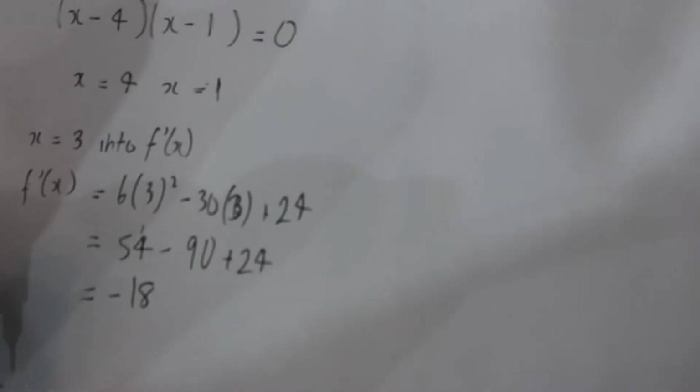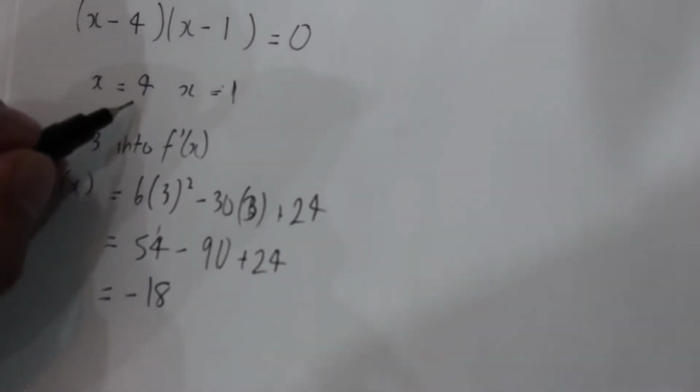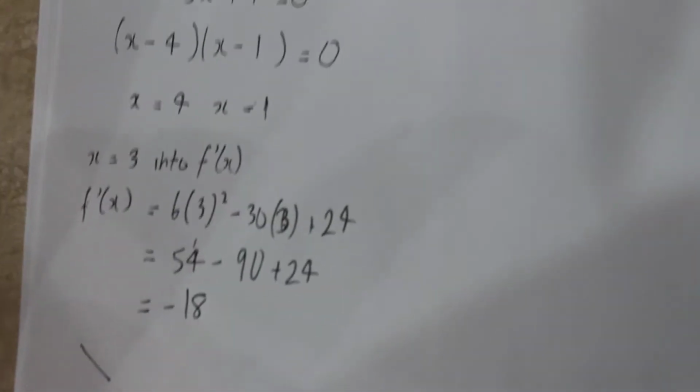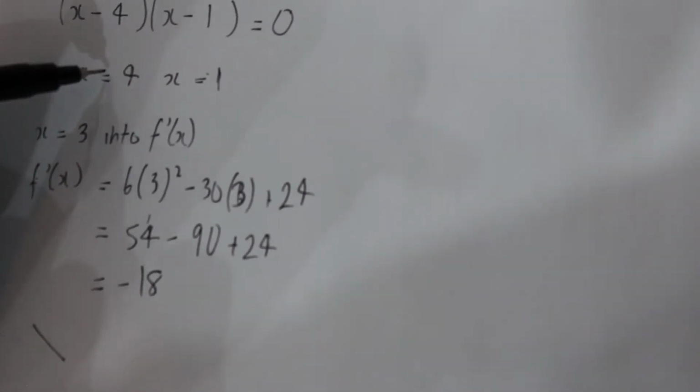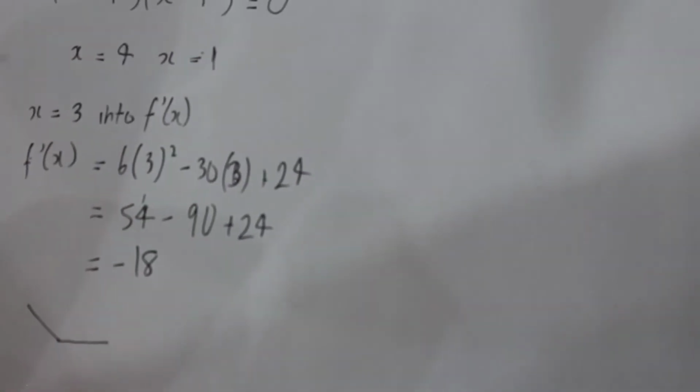So we know that the slope before x equals 4 is negative. Because x equals 4 is a stationary point, it's just a straight line there.